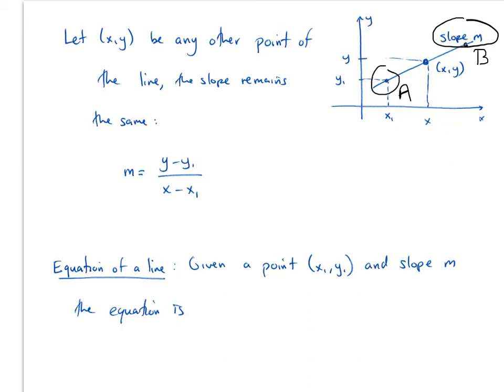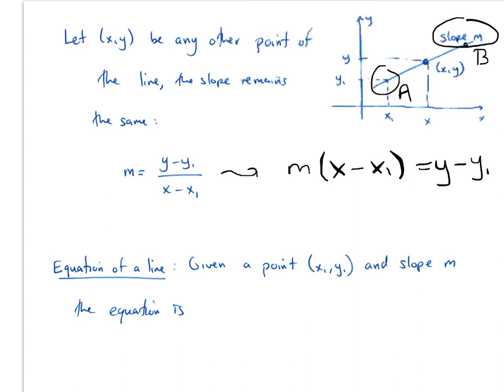So let's calculate the slope going from A, which is x1, y1, to the point x, y. So it's going to be the difference in the y-coordinates divided by the difference in the x-coordinates. If we multiply both sides of this equation by x minus x1, we have the slope m times x minus x1 equals y minus y1.